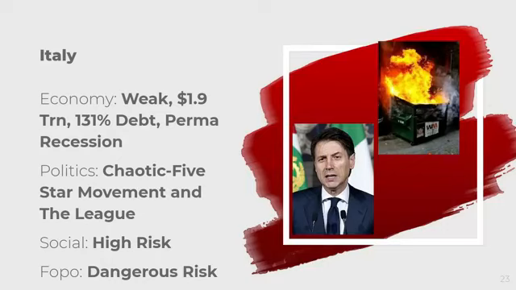So with that being said, they're at a high social risk because no one has money. Retirement programs are dwindling out, and they're also being very xenophobic to immigrants and minority groups. Foreign policy is dangerous because not only, as we just explained, is Italy turning its back on the European Union, but it's also trying to buddy up with Russia.